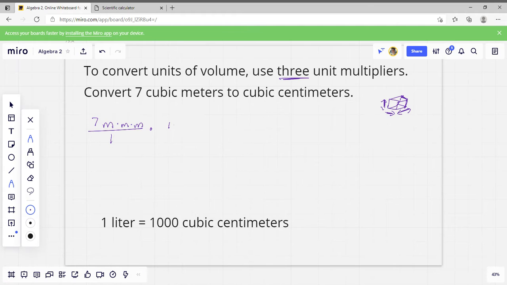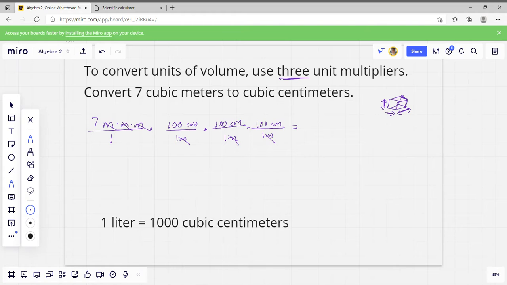So 100 centimeters is 1 meter, and I have to keep writing that until I can cancel all 3 of those meters. Now I can cancel meters with meters, and that one with that one, and that one with that one.